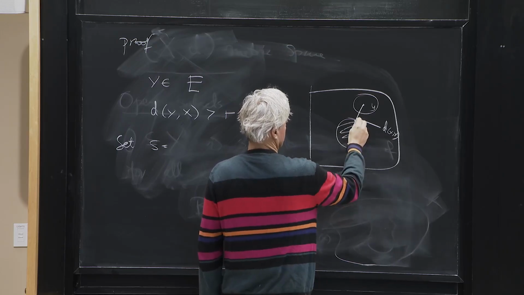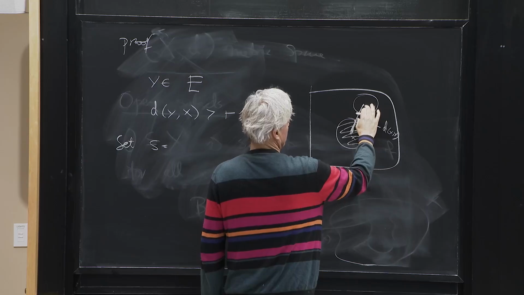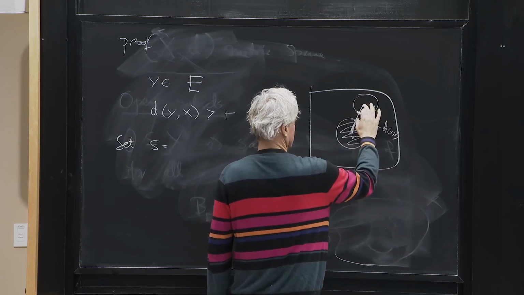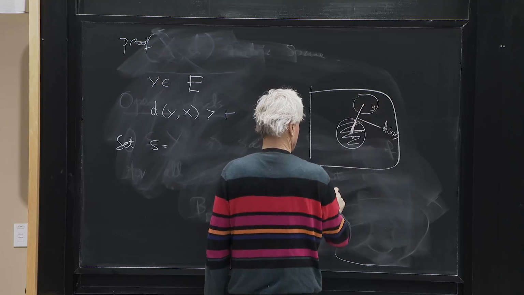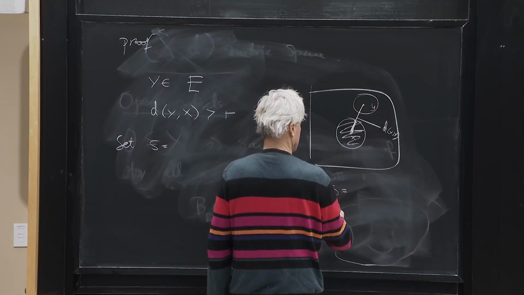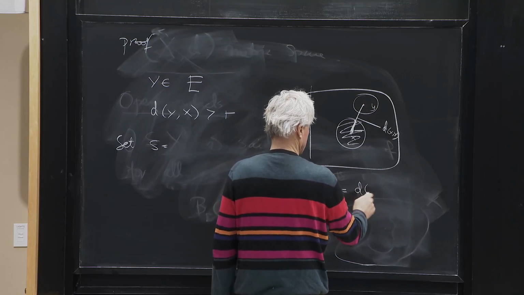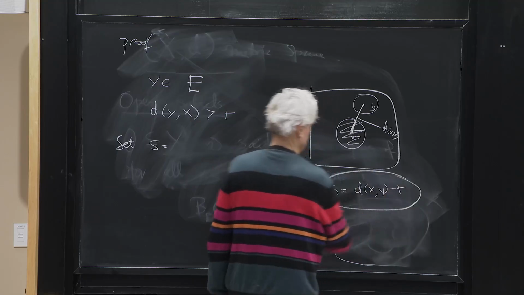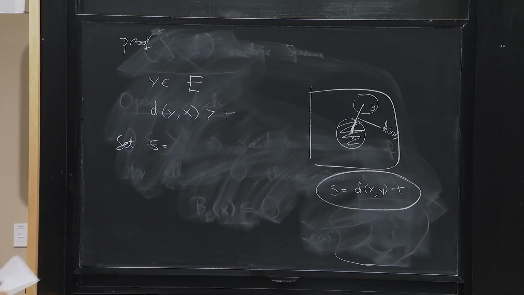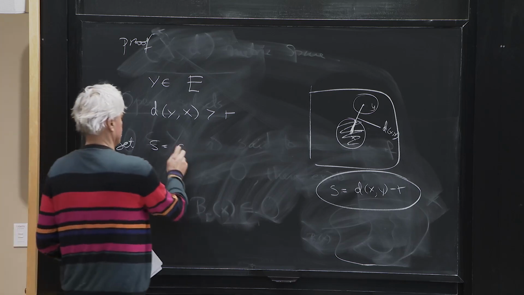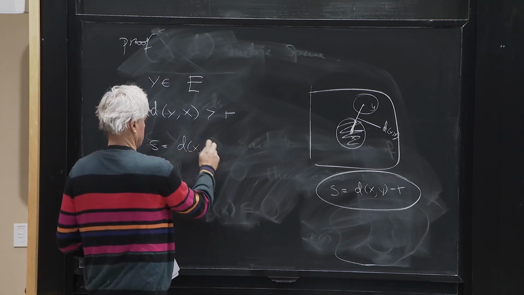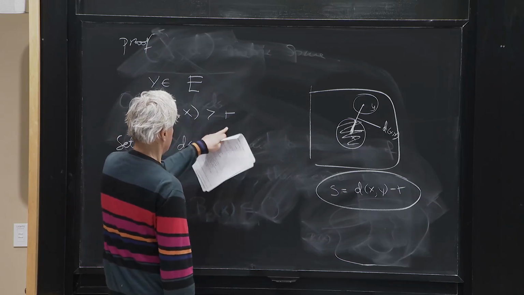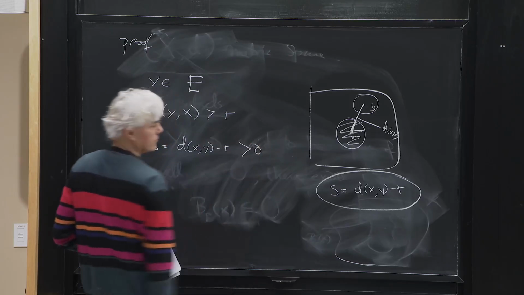And so it seems reasonable that, if this picture was right, this thing here would be s, and this s would be d(x,y) minus r. So that's what I'm setting s equal to. And the first thing I notice is that because d(x,y) is strictly bigger than r, this s is strictly positive.